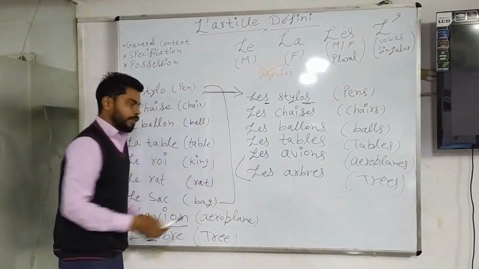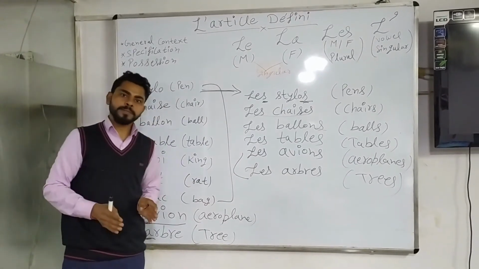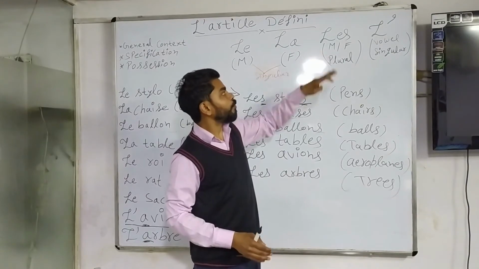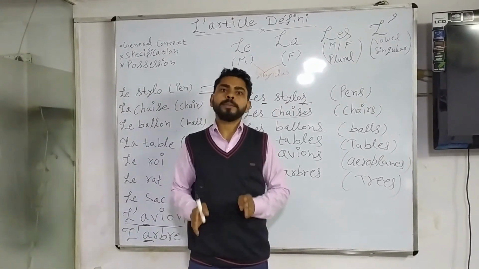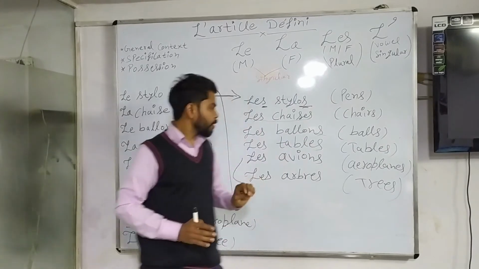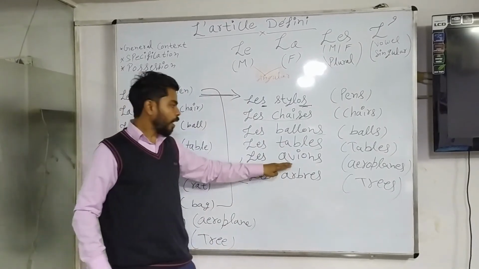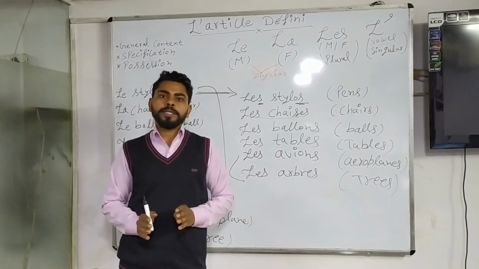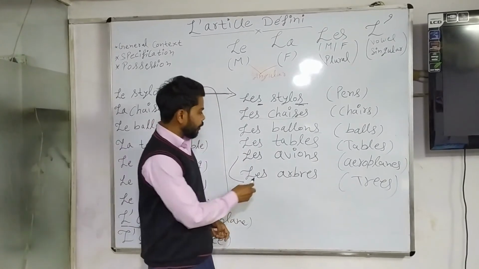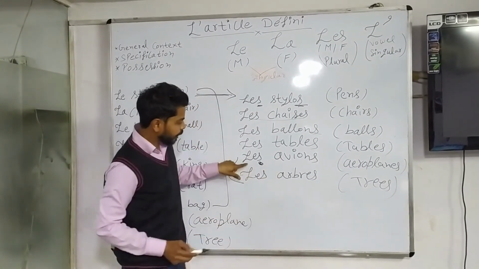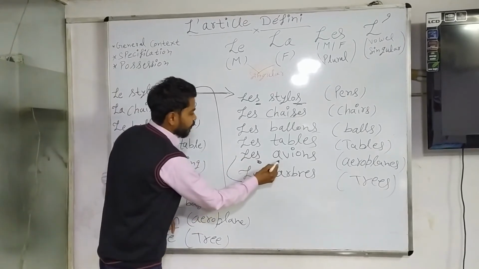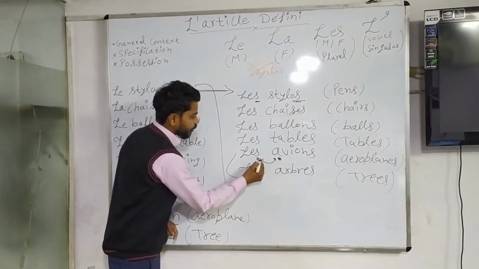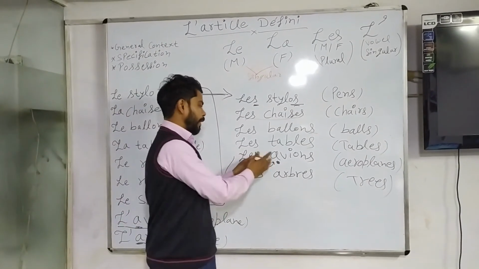These two start with a vowel, and when we make plural of these, we will use les, because irrespective of vowel or gender, whenever you make a plural, you will only use les. So we can see it here, les avions. And there is one more important thing in French. Whenever you have a vowel starting noun and you have a consonant before, as we have here, les, but we have a as in vowel here, so the sound will combine together for the consonant and the vowel.